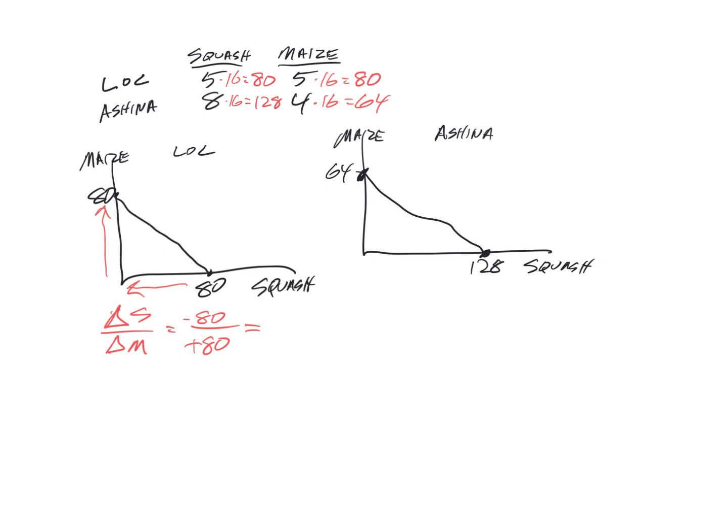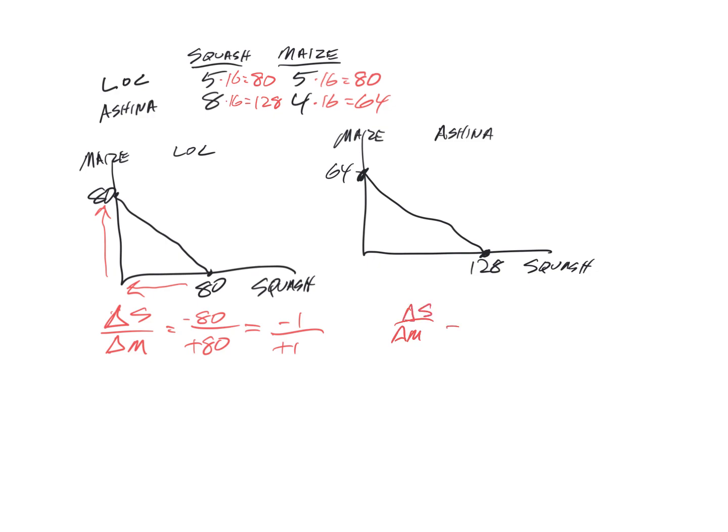So we know that 80 maize cost 80 squash. So we divide that through, and that becomes a 1. Of course, 80 divided by 80. So one maize costs 1 squash for Locke.